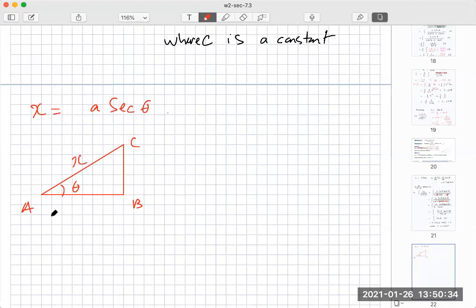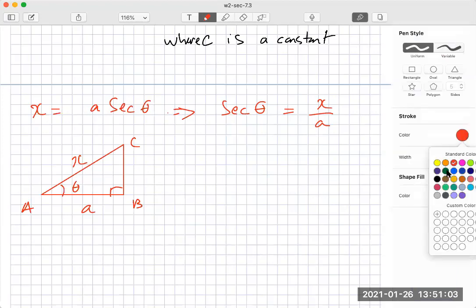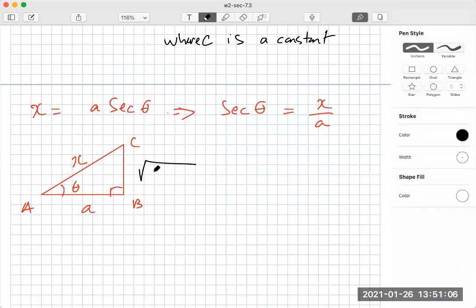Then what is the length from A to B? A, yes. You agree? Because from secant theta, we know that secant theta is x over a, right? Therefore, if we're given two sides of a right triangle, what is the length of BC here? Very good.